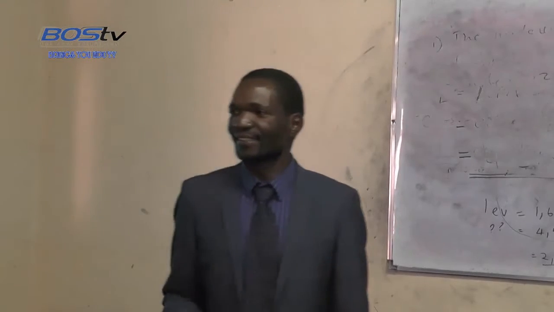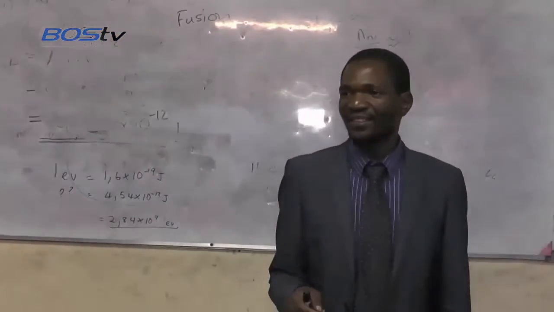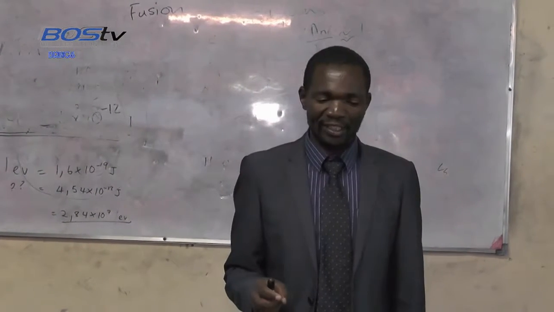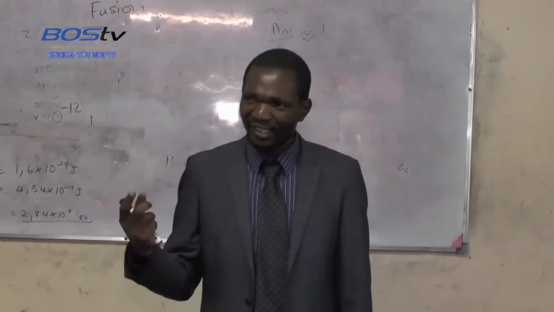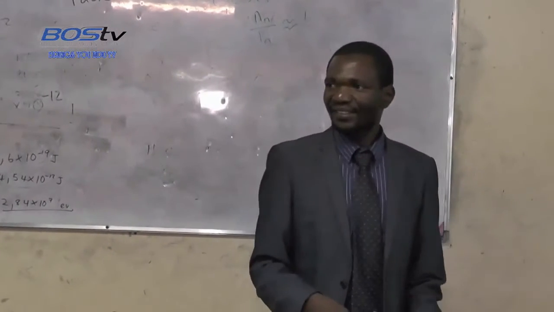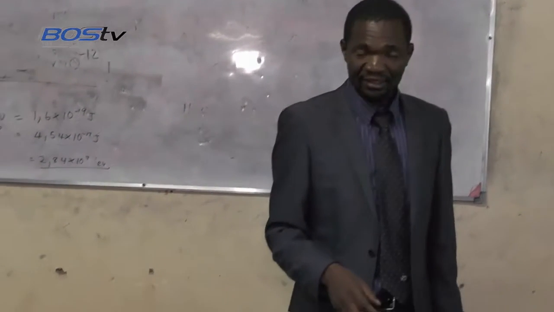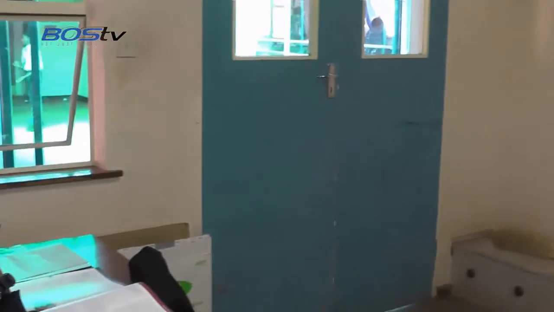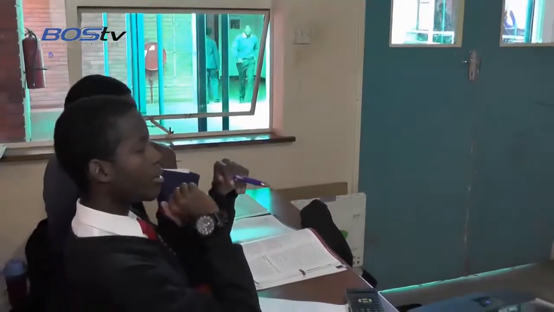Nuclear fusion is the process by which two very light nuclei join together to form one heavy nucleus. Also, two small nuclei combine together to form one large and more stable nucleus.